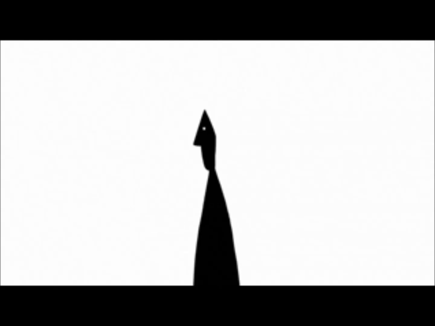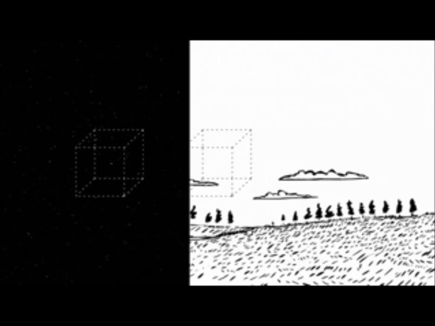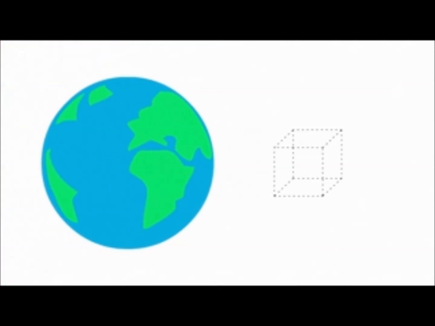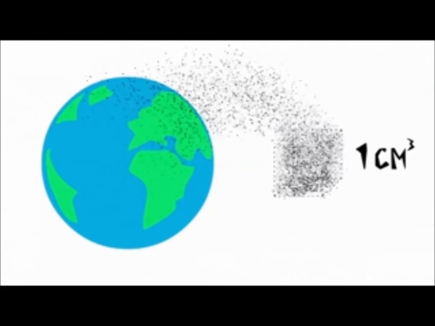But while 1 cubic centimeter of interstellar space, the volume in the tip of your pinky finger, contains roughly 1 atom, the same volume of air has about 10 quintillion molecules. If that sounds hard to wrap your head around, it happens to be about the same as the number of insects alive on the planet, all crawling, climbing, and flying over each other in an enormous, tightly packed swarm.